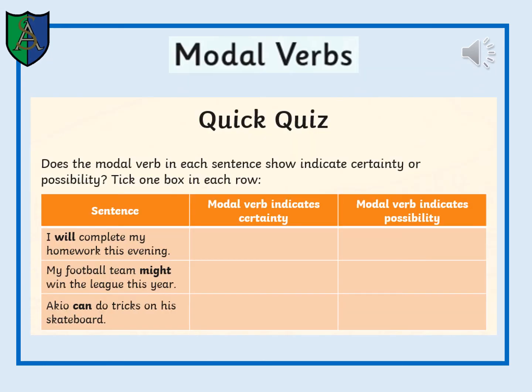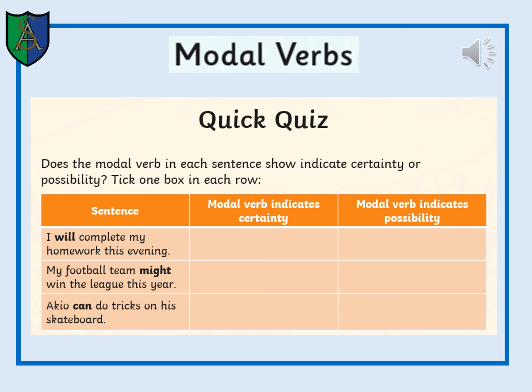So on this page is a very, very common SATs style question. And all it requires you to do is to read the sentence on the left and tick one of the boxes, either in the centre or on the right. So does the modal verb in each sentence show certainty or possibility? Tick one box in each row.